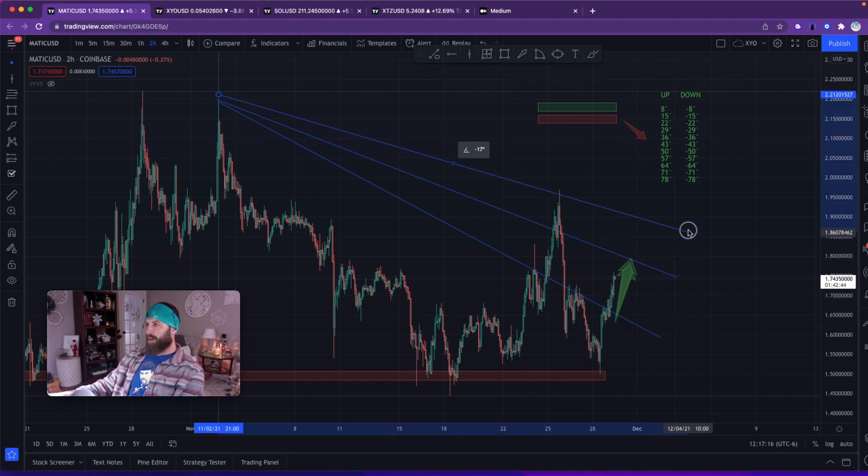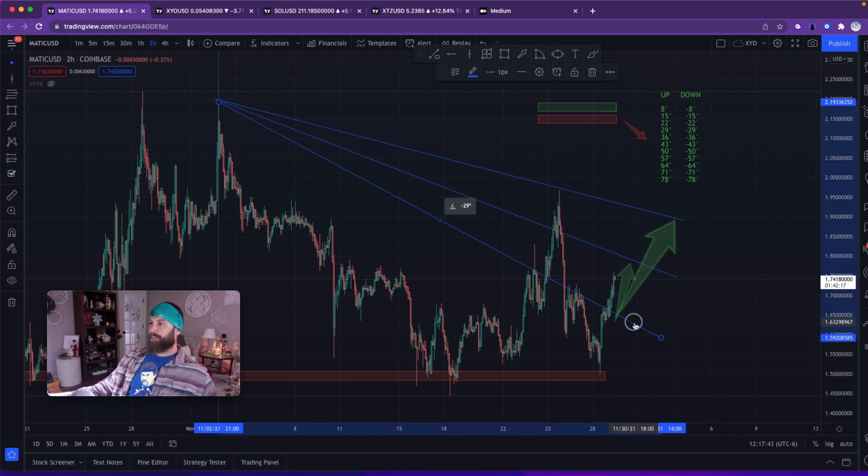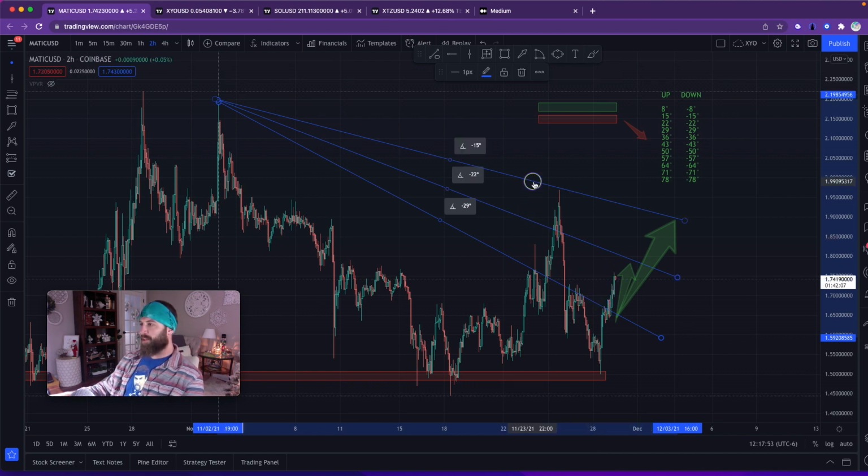If you're long, hopefully it's working its way up to the minus 15, and beyond. If MATIC's price does continue to work off of this uptrend that got bought up, it's going to work from the 29 up to the 22 and possibly up to the 15 and beyond.